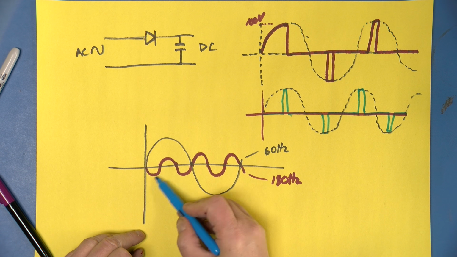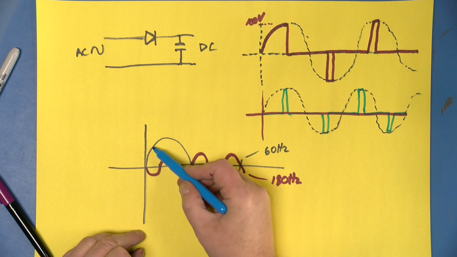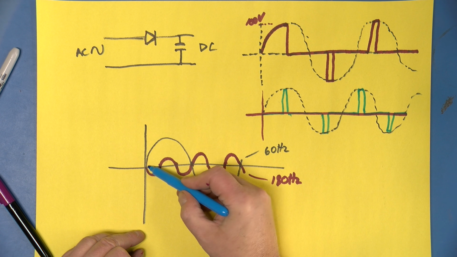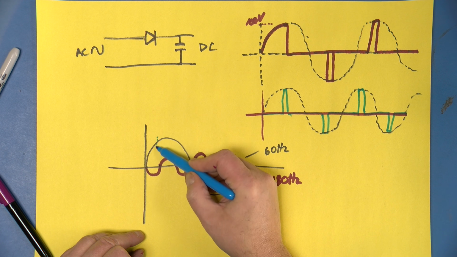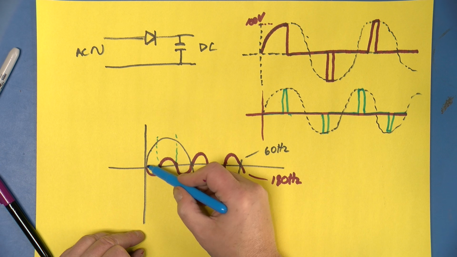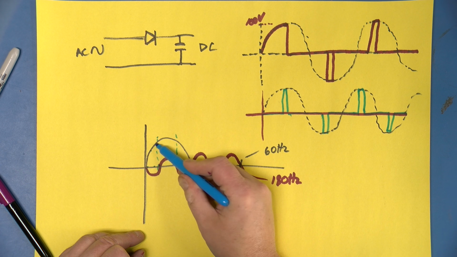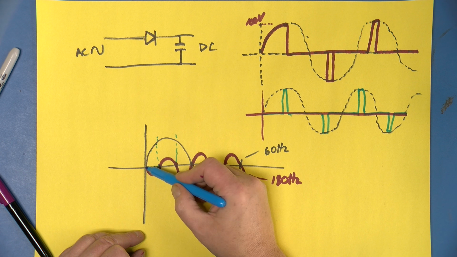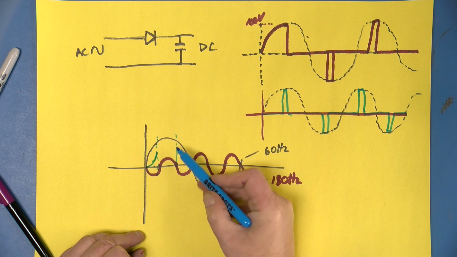Well, those two currents add, so we can sort of see what's happening. Well, this is actually a negative current, so it's going to suppress this a bit. So we'll sort of say up till here, this is sort of suppressed down, but it's going up faster than this is. So maybe it does something like this.